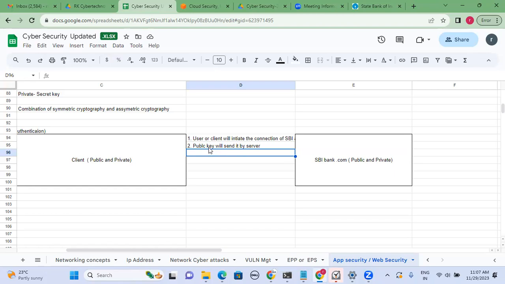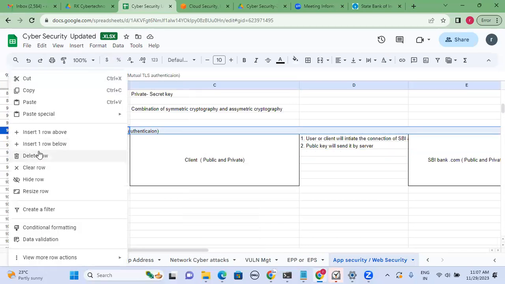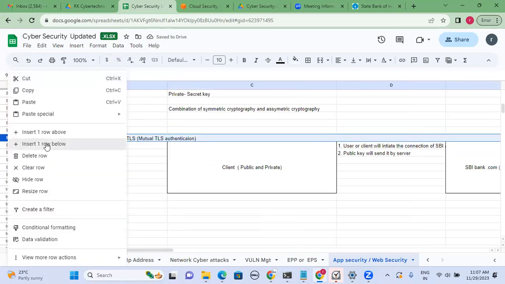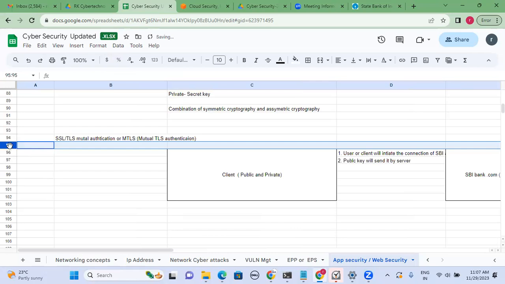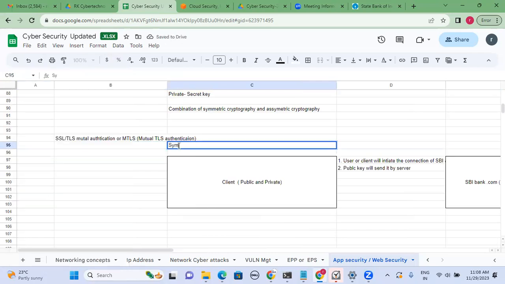Okay. Now, to discuss SSL/TLS mutual authentication, we should understand two topics. The first is symmetric cryptography, or symmetric keys. The second is asymmetric cryptography, or asymmetric keys.